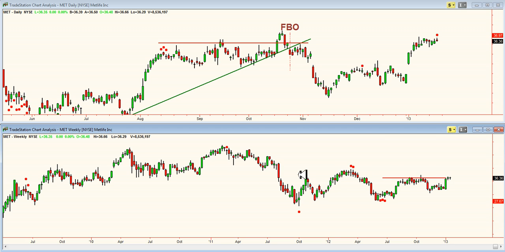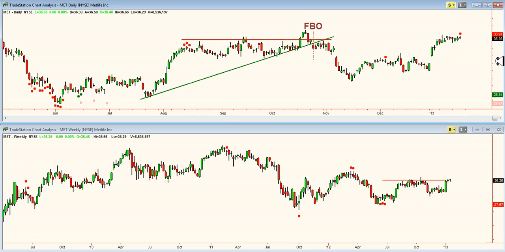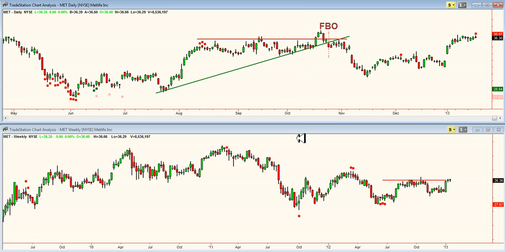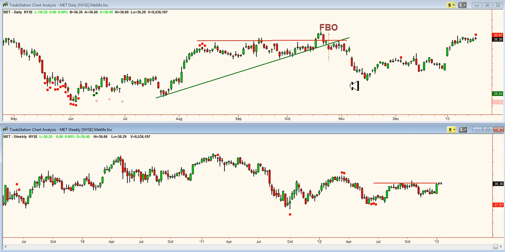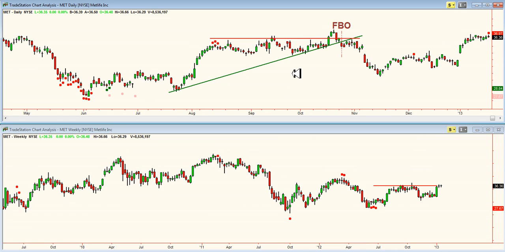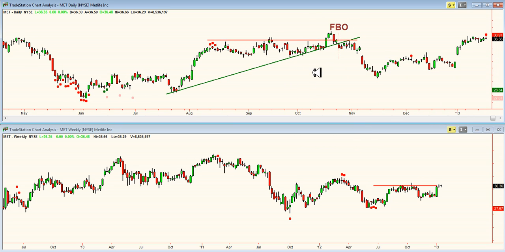What I do in our CTU courses is we not only look at signals, but we look at what the charts are doing both daily and weekly when these signals fire, and we look for high possibility trades where there's resistance areas also with these signals. We look at what the general market is doing as well.